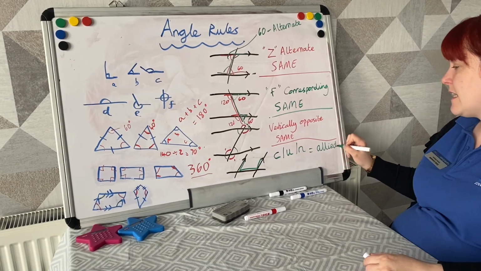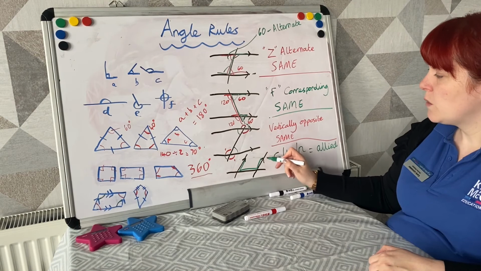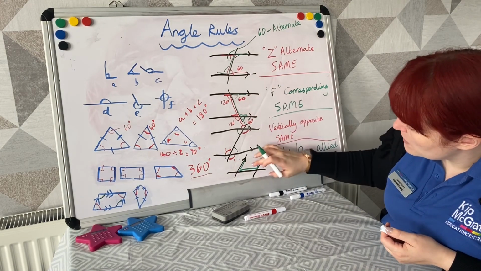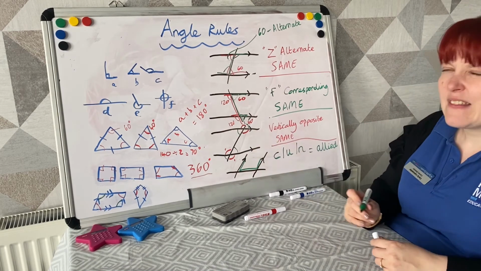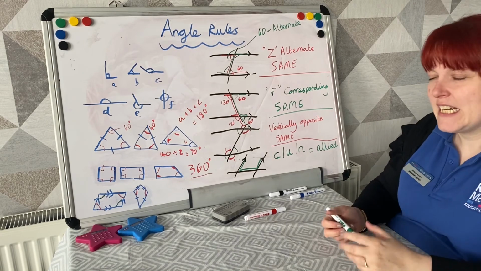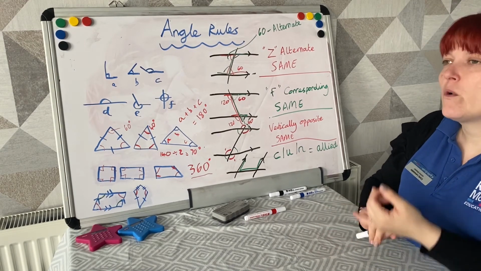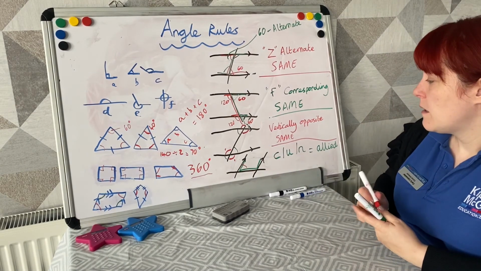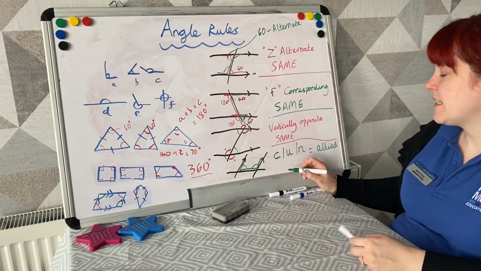And the way to think about these is that they come together within something. So you see how these are different sides of the line? This one is inside the line, and they come together as kind of friends. So they're allies, they're together. So instead of them being the same, they work together to make 180. So this one plus this one is 180.